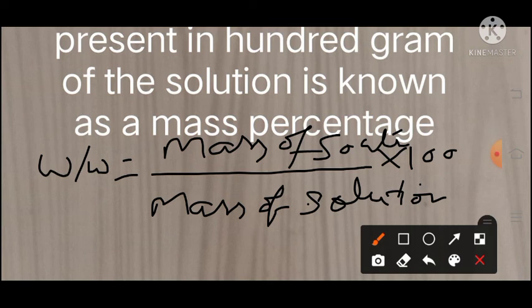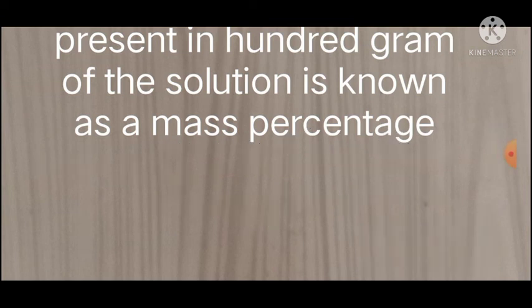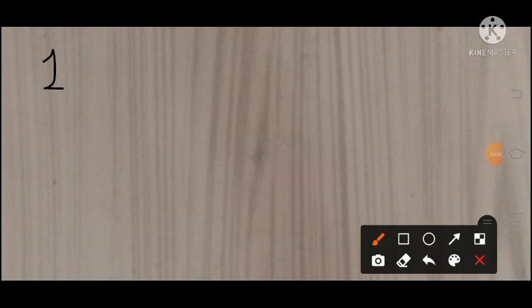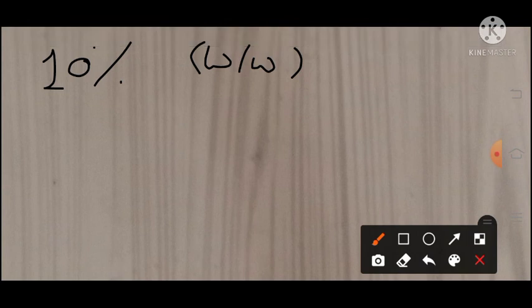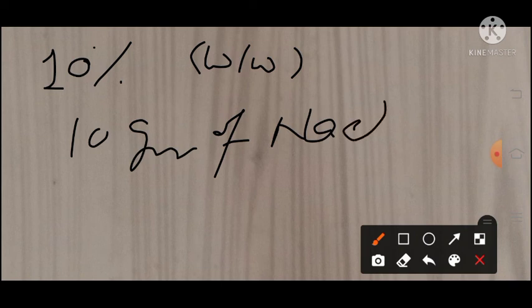Now next, for example, 10% aqueous solution of sodium chloride in bracket W by W means that 10 gram of sodium chloride is present in 100 gram of solution.